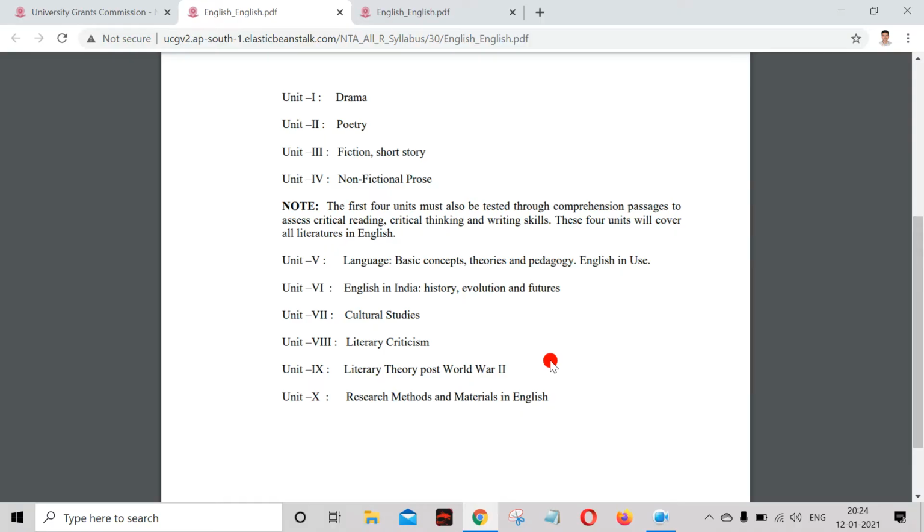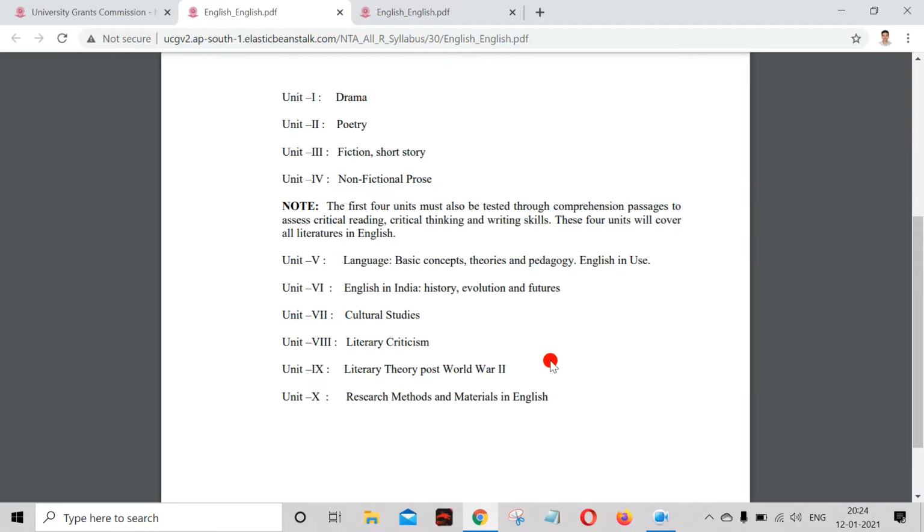For example, we have Beginning Theory, Peter Barry's very good book, then you have Post-Colonial Theory by Leela Gandhi, and many books. I will give you all the details of these books and the reference list for your understanding in coming videos. We are going to cover each and every aspect, if you are ready to have these videos for your study.